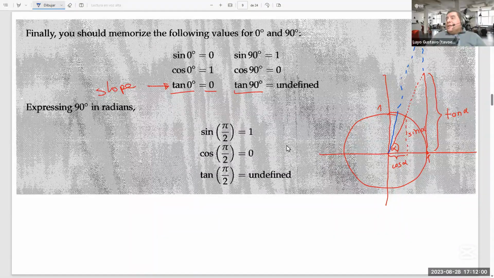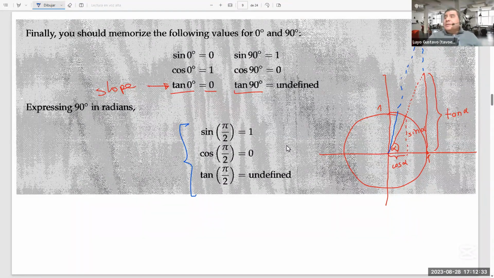So the closer that this angle gets to 90 degrees, the value of the tangent grows endlessly. So actually, when the angle is exactly 90 degrees, you could say that the tangent is infinite, right? So it's not defined. Okay, same here, but expressing the values of angles in radians. Remember, 90 degrees is always pi over 2.